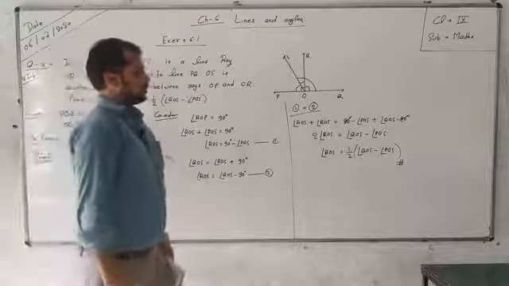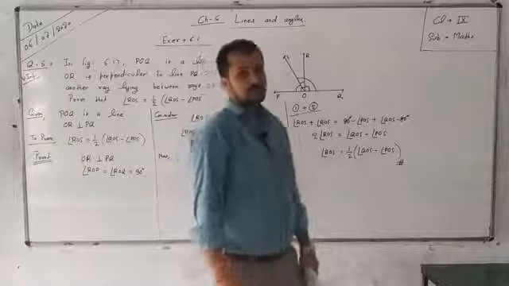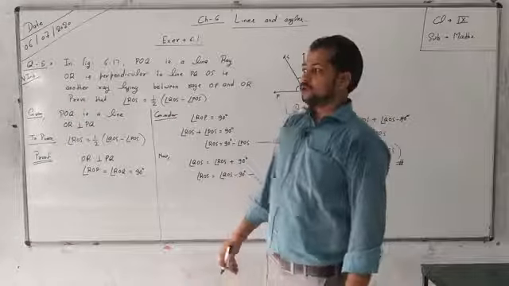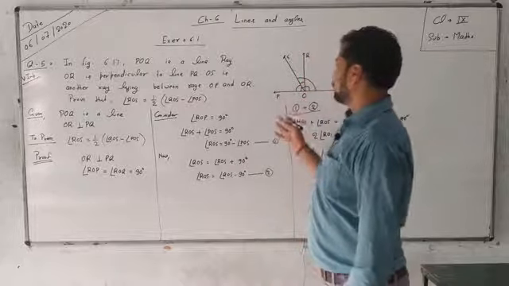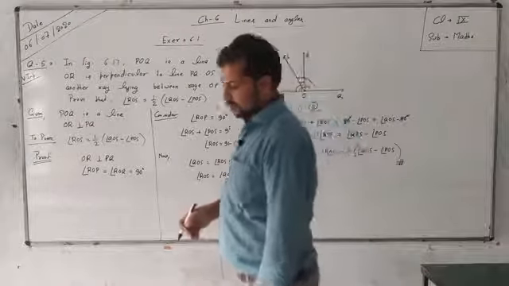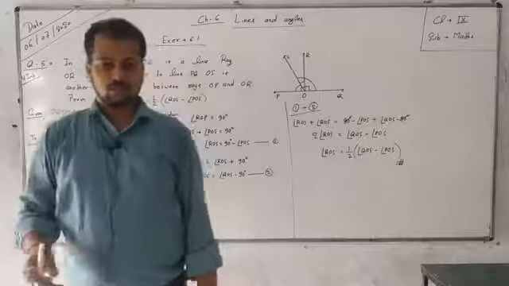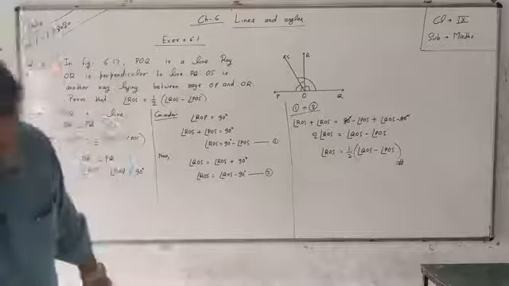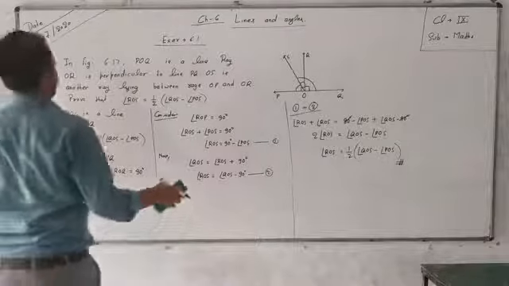In examination this question comes many times, so you have to practice this question very properly, and if you face any problem to solve this question you can ask. Properly note down this question and practice it.